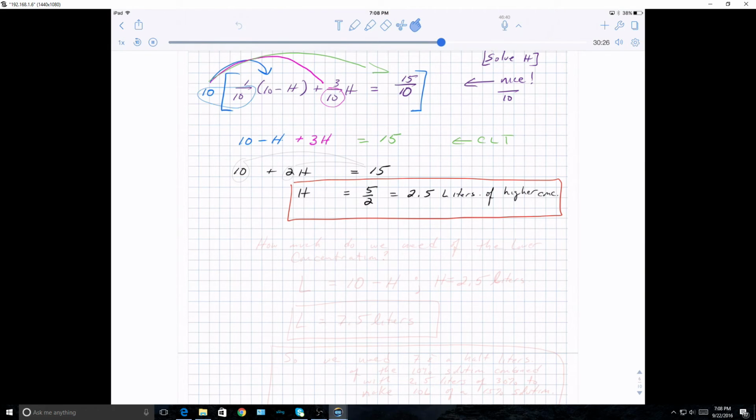Okay? So how did I do that? Well, I just subtracted 10 from both sides, and then I divided by 2. So, if we need 2.5 liters of the higher concentration, then all we have to do is ask ourselves, how much do we need of the lower concentration?